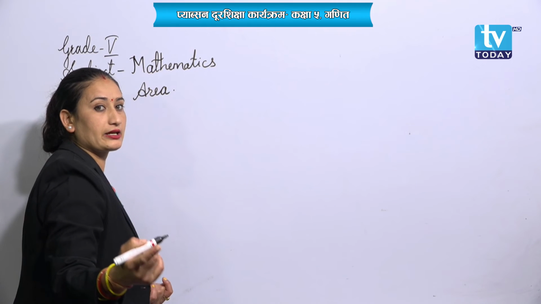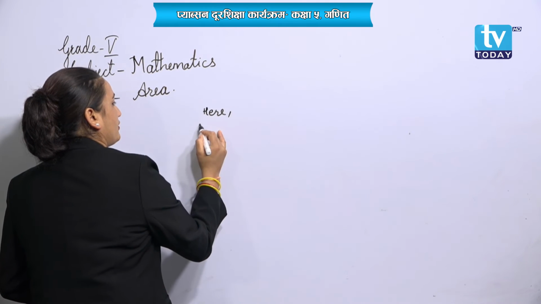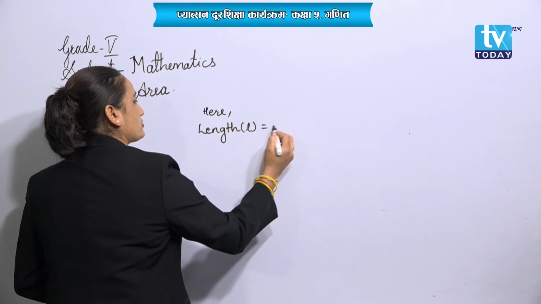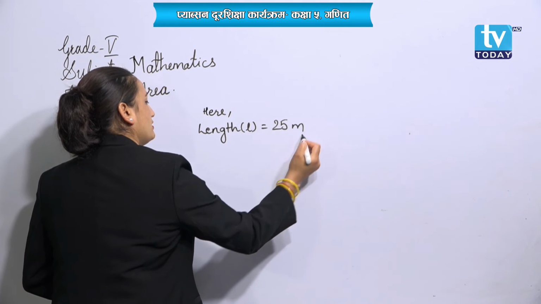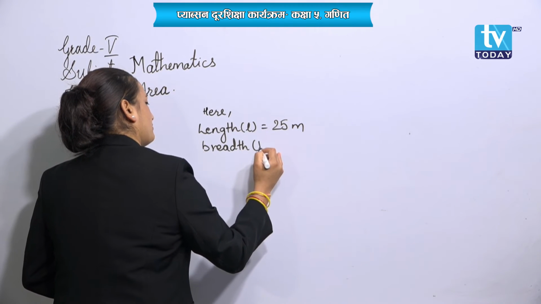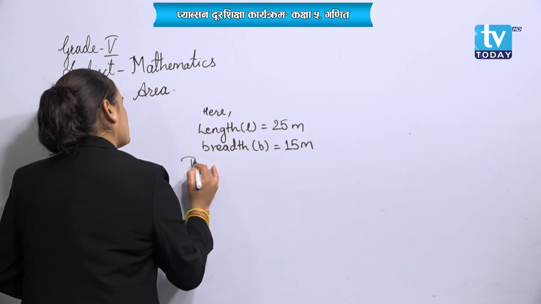So we are using the formula for this. Here, write down length L equals 25 meter and breadth B equals 15 meter by using the formula.